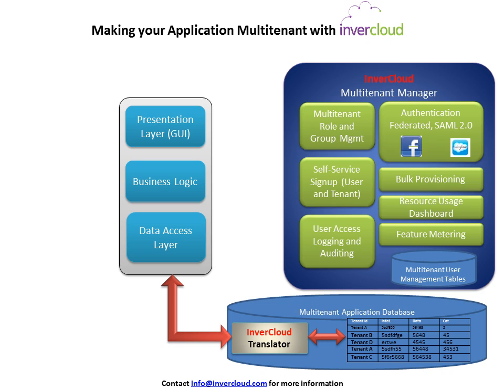So this is functionality that you may well need to add to your application even if you never move to multi-tenancy. But it is an especially key requirement for SaaS applications, as there's so much possibility for access to data in the cloud. So this is a very important building block that you get when you move to a solution like the InverCloud Multi-Tenant Manager.